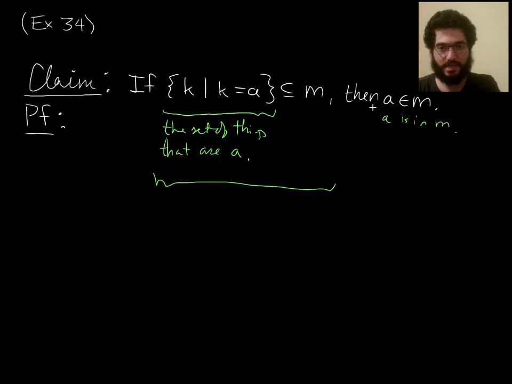So now reading the entire claim, it says, if every element of the set of things that are A is also an element of M, then A is an element of M. And if you are able to follow that sentence, then it should feel right.